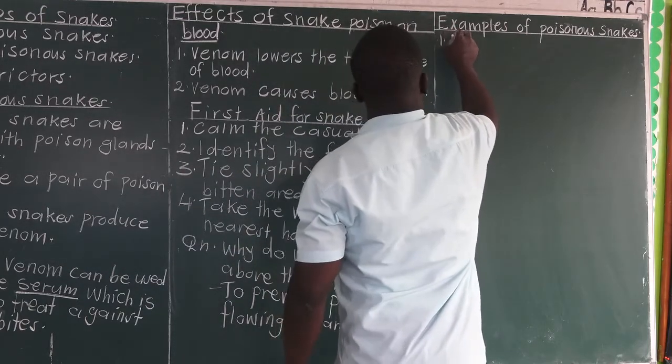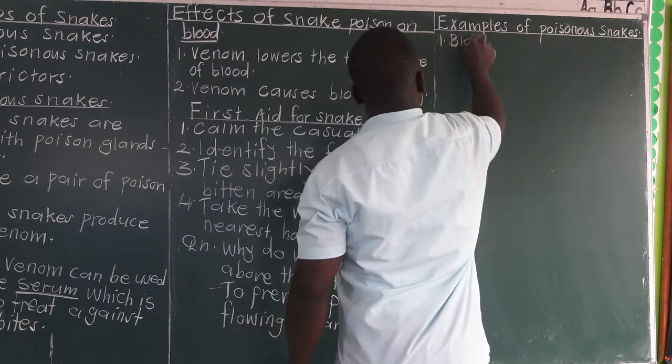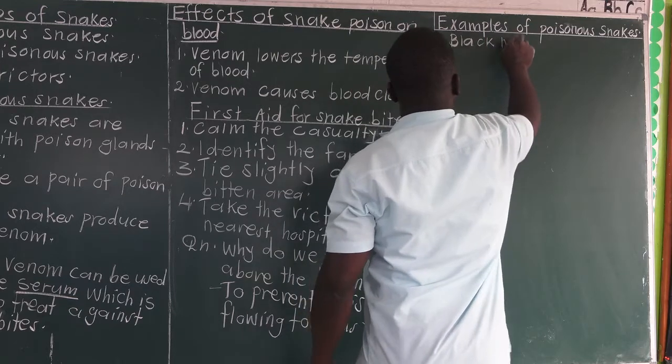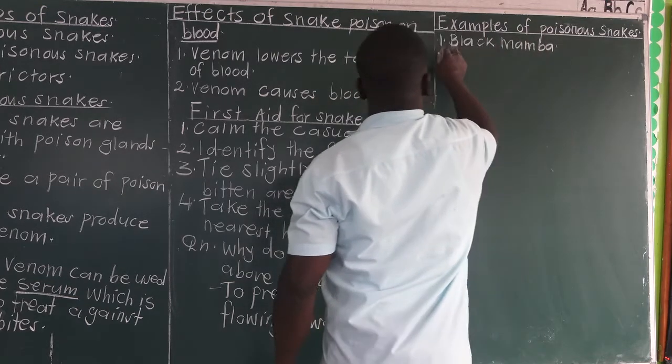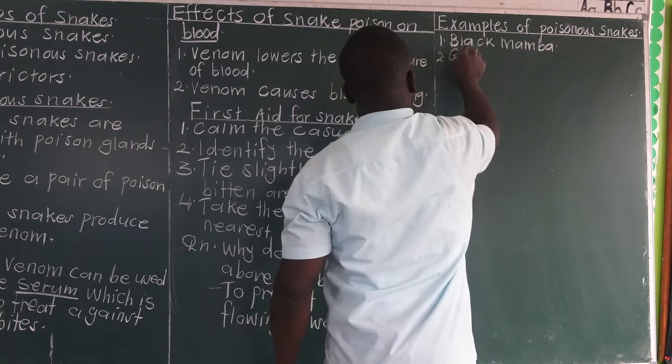One, we have black mamba. Black mamba is a poisonous snake. We have green mamba.